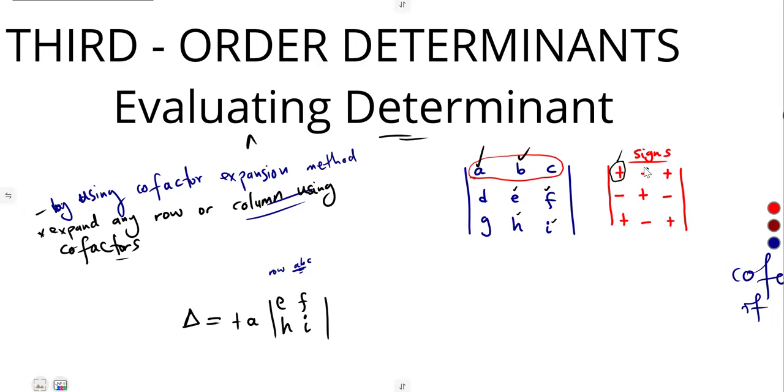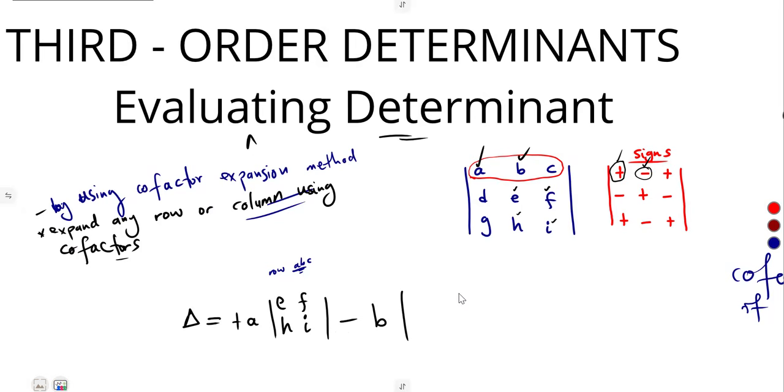What is the sign corresponding to B in that row? It's a negative. So B affected by its sign, it's going to be negative B. That's negative B. The sign has to be considered.